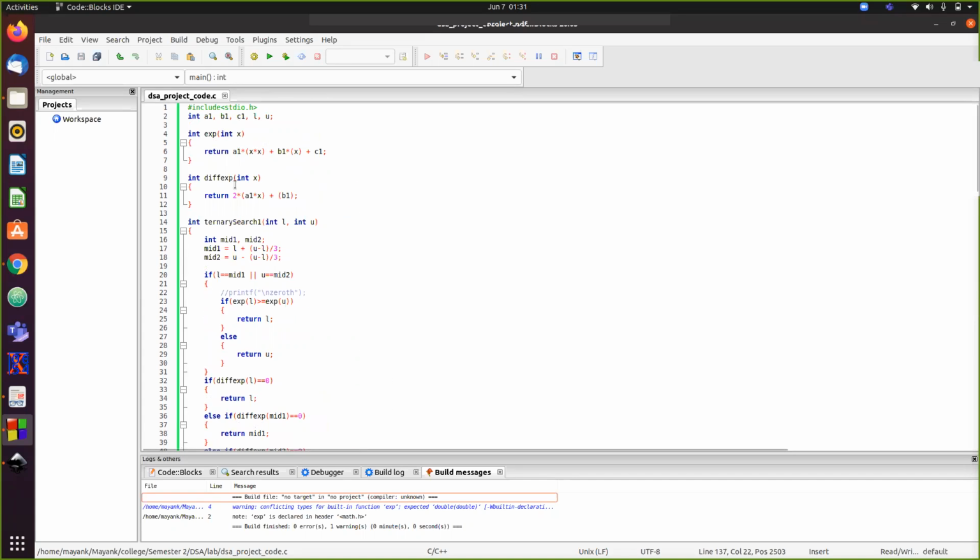They are exp and diffexp. exp just returns the value of the quadratic equation based on the value of x that you provide to it. This value of x is passed into exp as a parameter, and the corresponding value of the y coordinate is returned from this function. What diffexp does is give you the derivative of the quadratic equation at that point x.